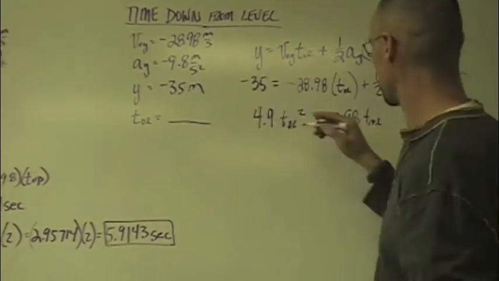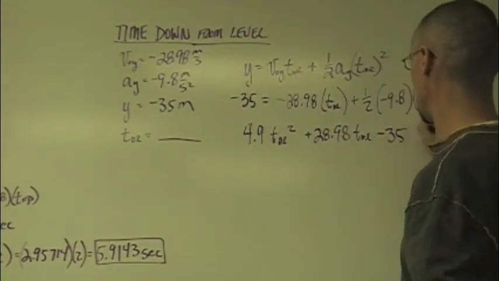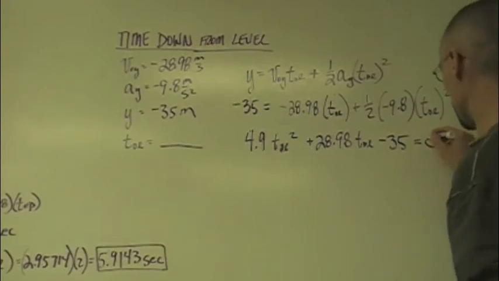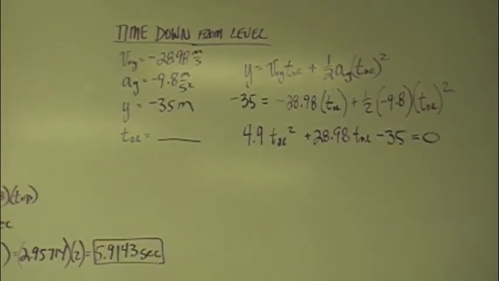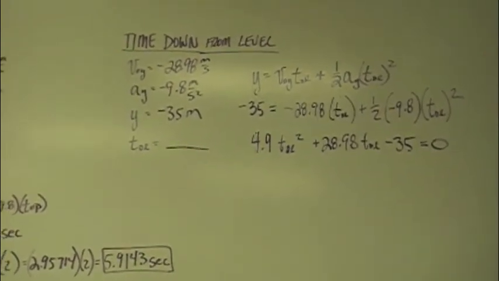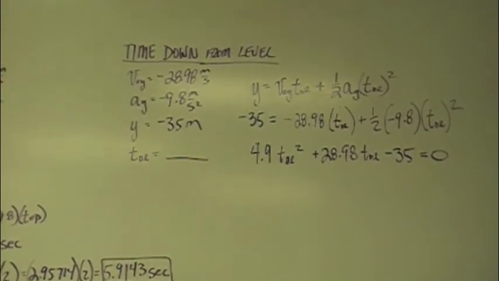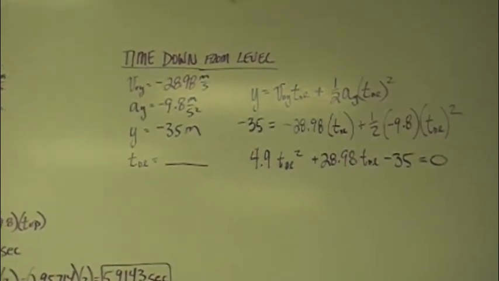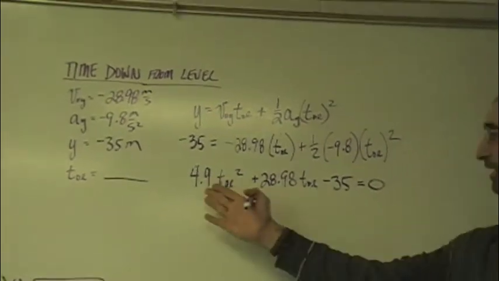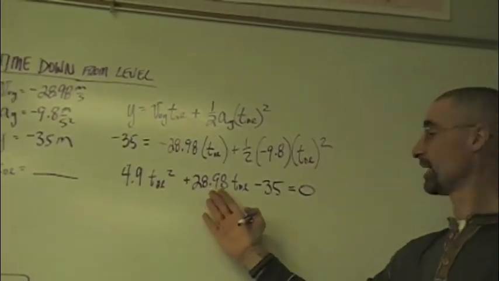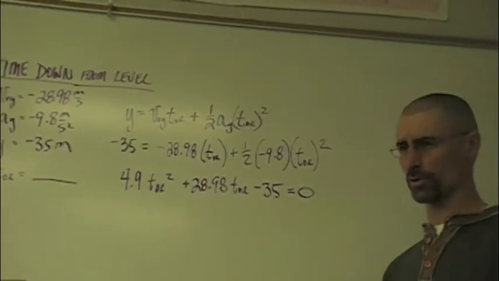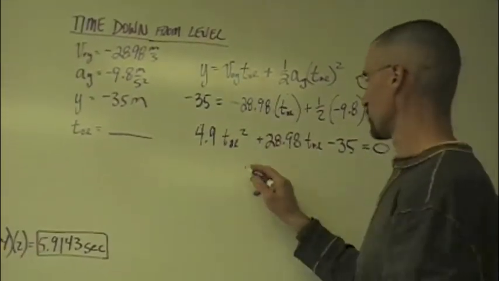And then that's already over there, so I'm going to go minus 35 equals 0. Right? Now I'm kind of hoping, beyond all hope, that at least one of you has the quadratic formula in their calculator, and we can plug in our A, our B, and our C and come up with two solutions, right?